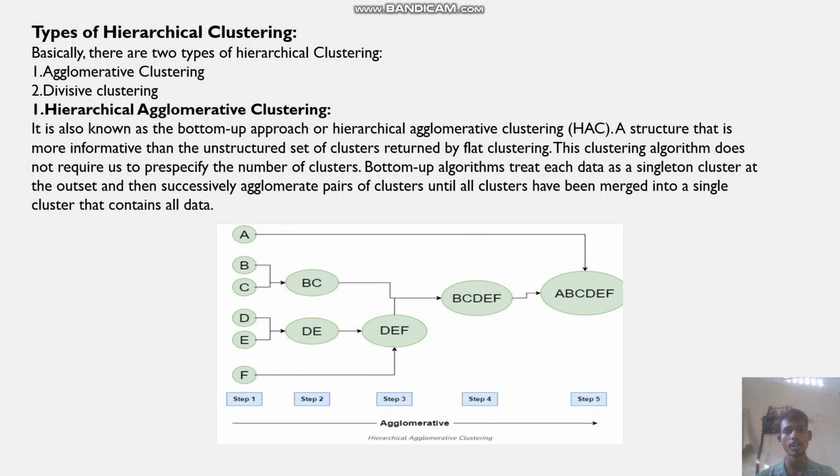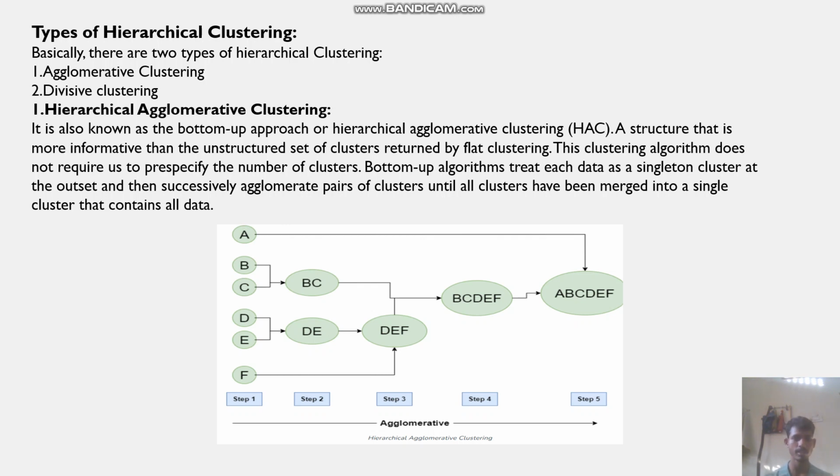Bottom-up algorithms treat each data point as a singleton cluster at the outset and then successively agglomerate pairs of clusters until all clusters have been merged into a single cluster that contains all data. Here, we initially consider each and every element as a cluster, such as we have 6 elements and we are considering them as 6 clusters.